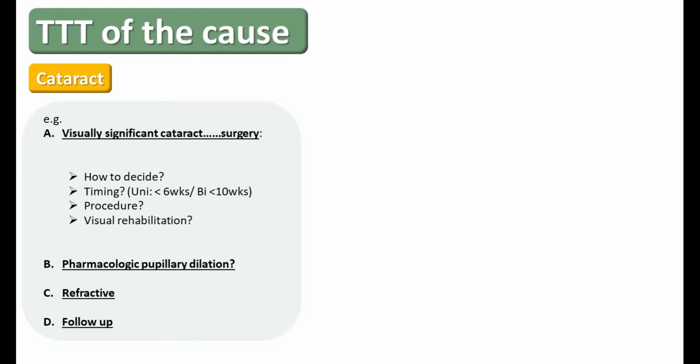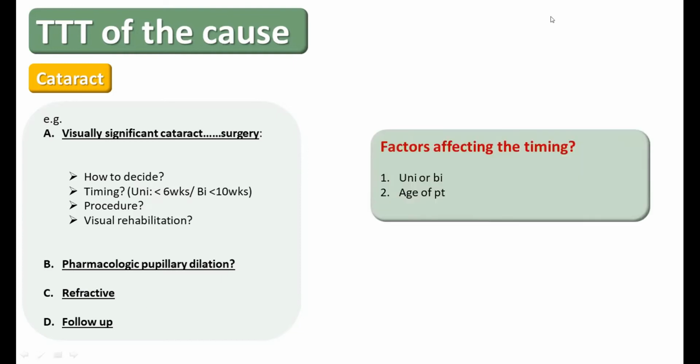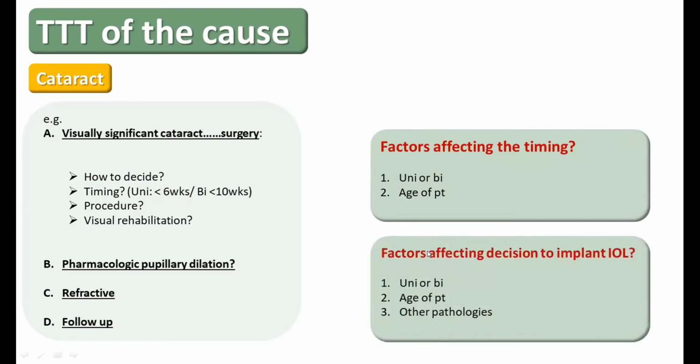And there was an uncorrected refractive error, and you have some sort of amblyopia because of uncorrected refractive error. So what are the factors affecting the timing? So it's the laterality and the age of the patient. The younger, the urgency, as we just mentioned. And what are the factors whether to implant or not? Again, the laterality, the age of the patient, and other pathologies in the eye.